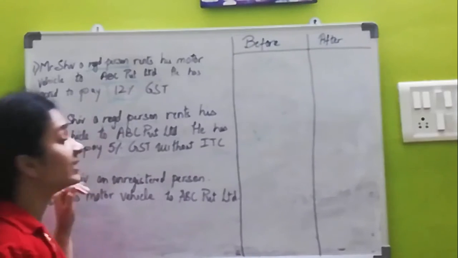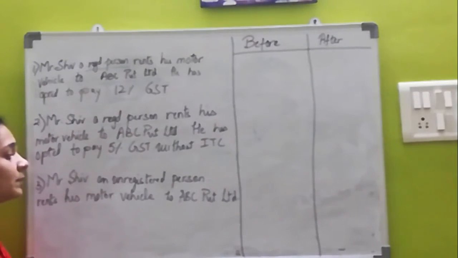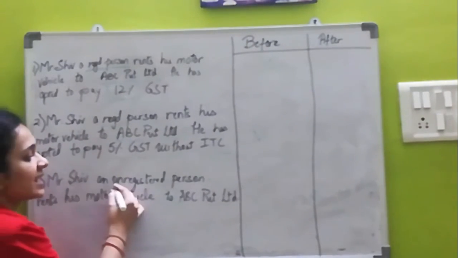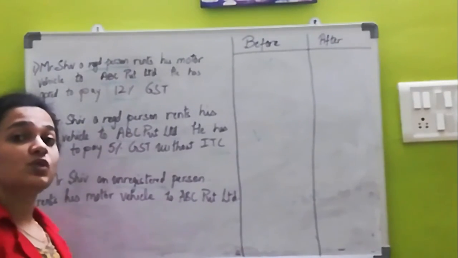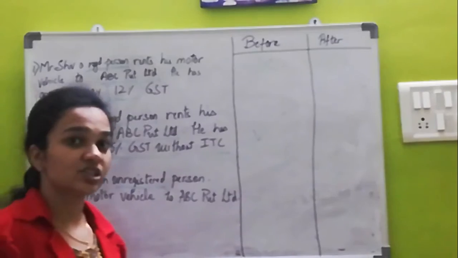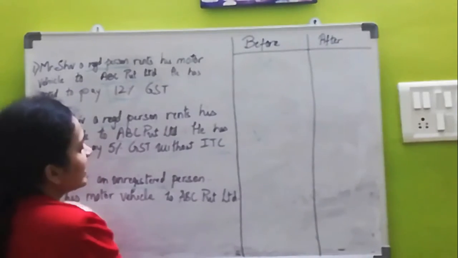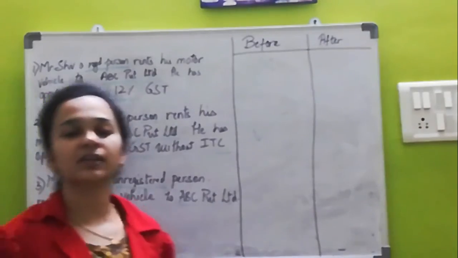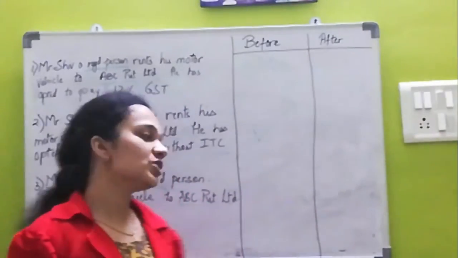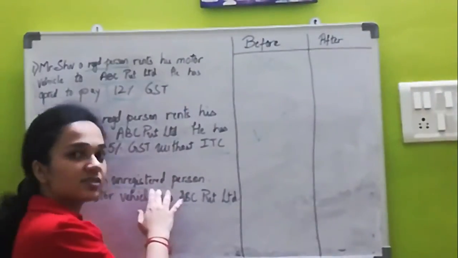Now looking at the third example, in this situation Mr. Shiv is an unregistered person, a person who is not registered under GST, and he is renting his motor vehicle to ABC Private Limited. So here Mr. Shiv is an unregistered person.